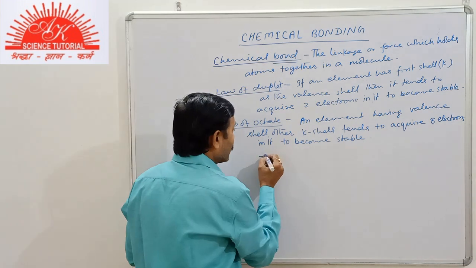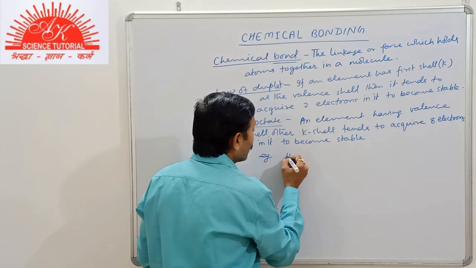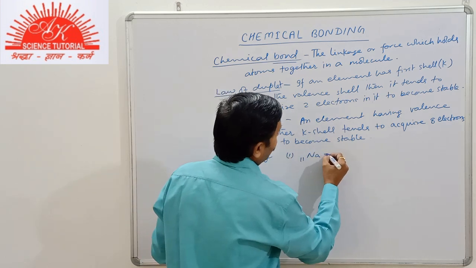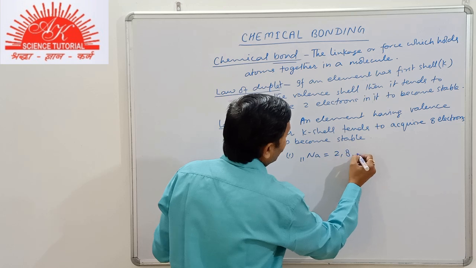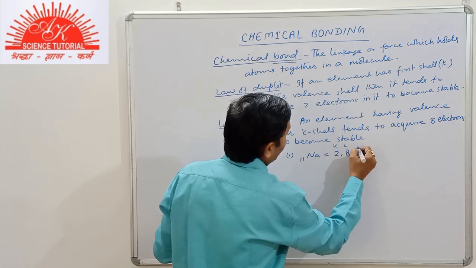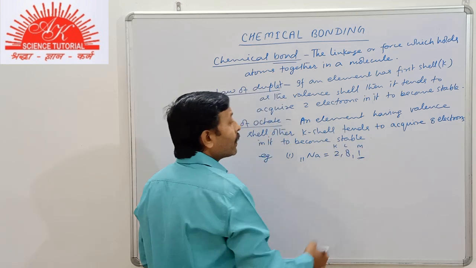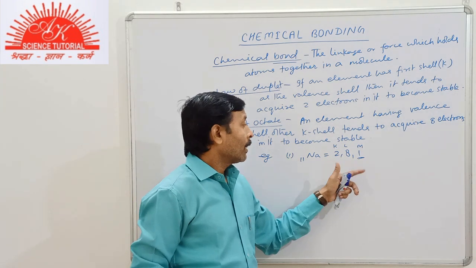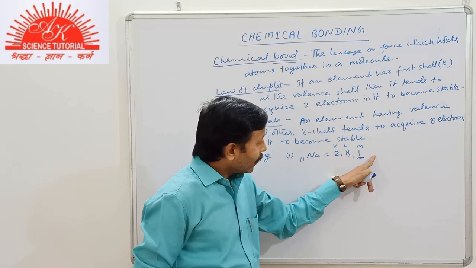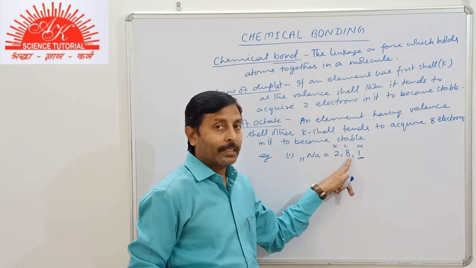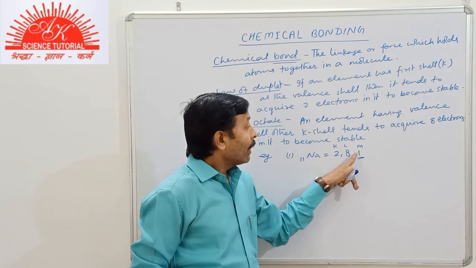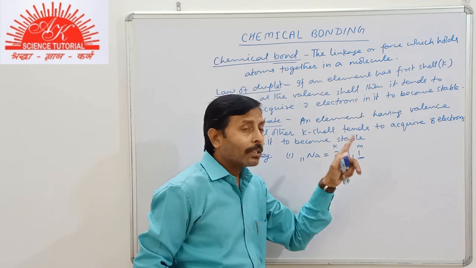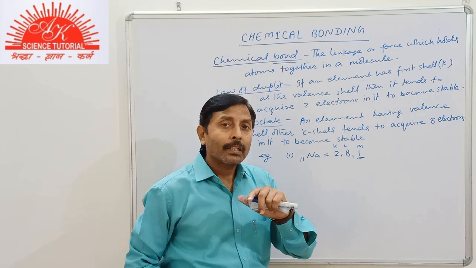For example, suppose we take sodium, having atomic number 11. It will have the configuration K L M, 2, 8, 1. Now it has one valence electron. If it loses one electron, the last shell will have 8 electrons. It may also gain 7 electrons to complete it, but it is easier to lose 1 electron than to gain 7.